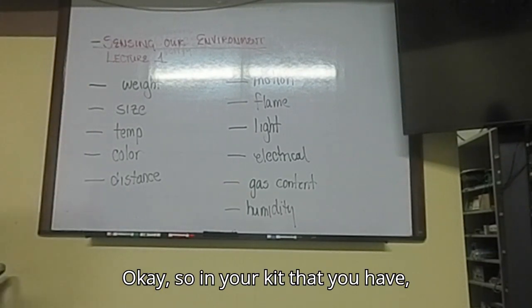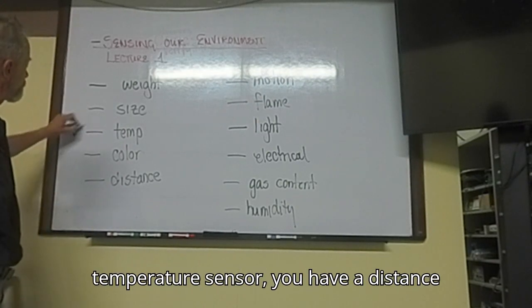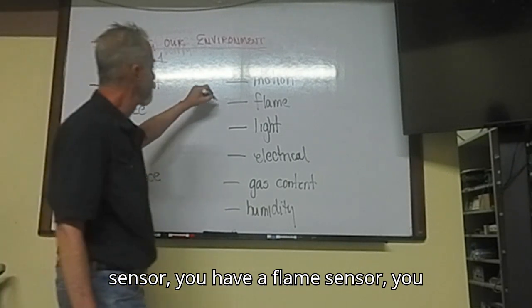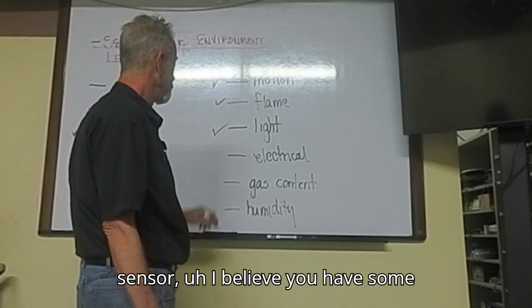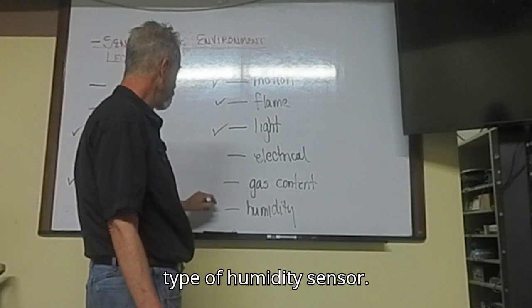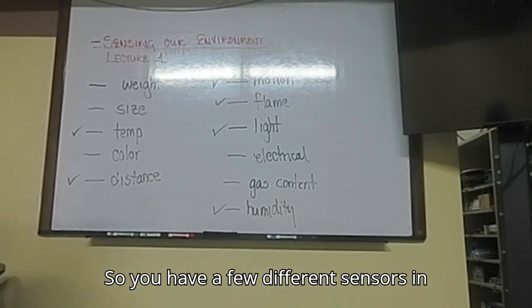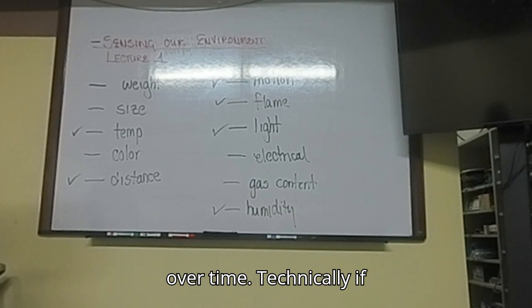Okay, so in your kit that you have, I believe you have a temperature sensor, a distance sensor, a flame sensor, a motion sensor, a light sensor, and some type of humidity sensor. There is a humidity sensor in there. So you have a few different sensors in there that we can play with over time.